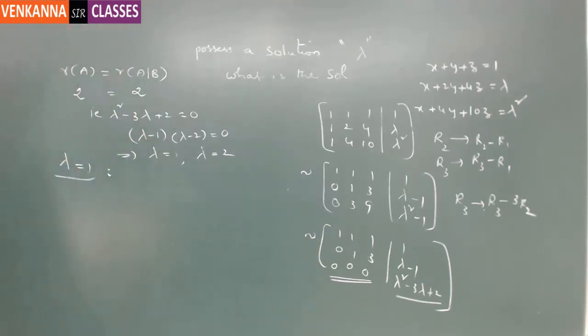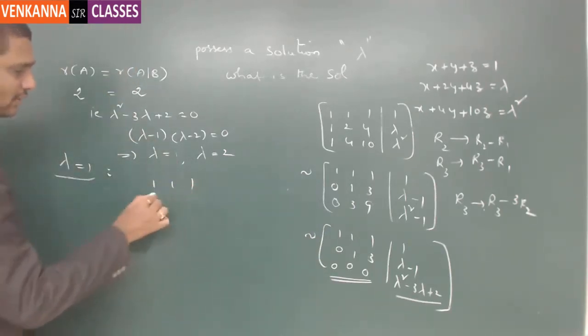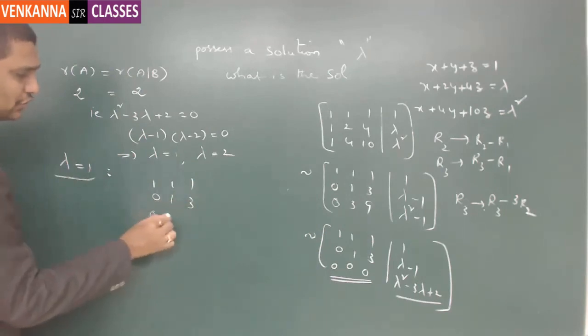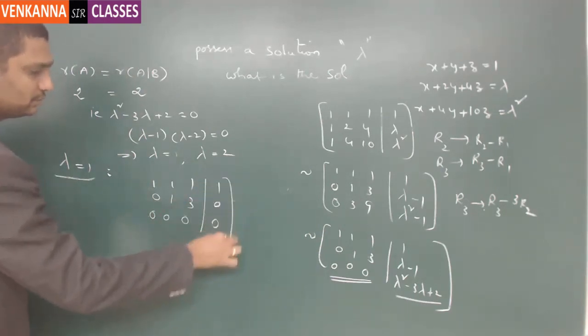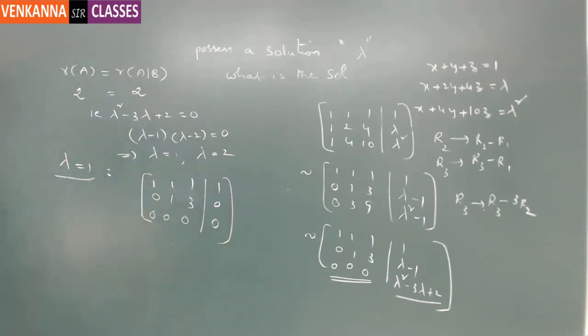So substituting the lambda value there, you will have 1, 1, 1, 0, 1, 3, 0, 0, 0, augmented with 1, 0, 0. Agreed? Because as and when you take lambda equal to 1, that right side part will become 0. Now, how to find a solution? Do you have any idea for this? Anyone? Or I will give the formula.